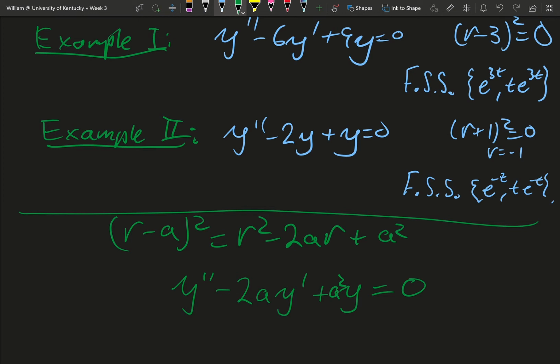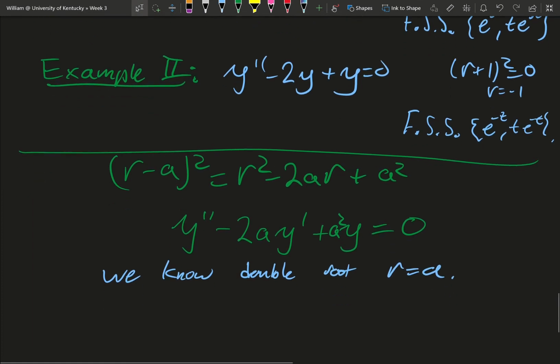Well, we know this is going to have a double root with r equals a. So now the question we should ask: y equals e to the at is a solution.